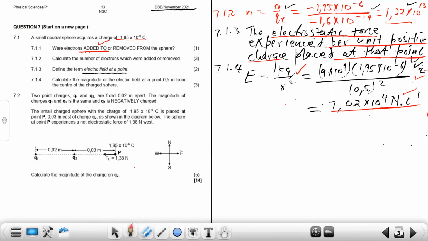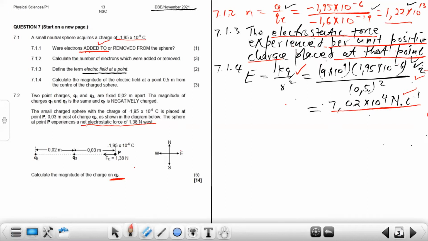So what are we given here? We are given the net electrostatic force. Before we can do anything else, this one will be easy to understand if we are able to draw a free body diagram. They say here, calculate the magnitude of the charge on Q2. So we need to calculate the charge of Q2. So basically, Q2 in this case becomes our reference point.